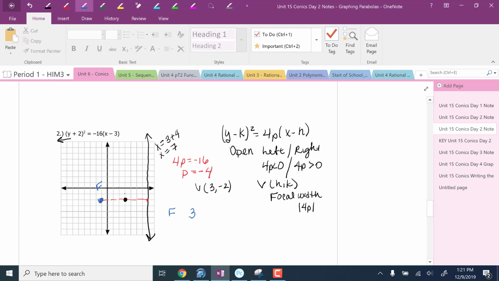So I have to take 3 and then take away 4. I'm still staying at that negative 2. So I would be at negative 1, negative 2. And then I use that focal width of 16 to go 8 in this direction, 2, 4, 6, 8. And I'm a little bit off the map here, 2, 4, 6, 8 in the other direction. Then I sketch my parabola.